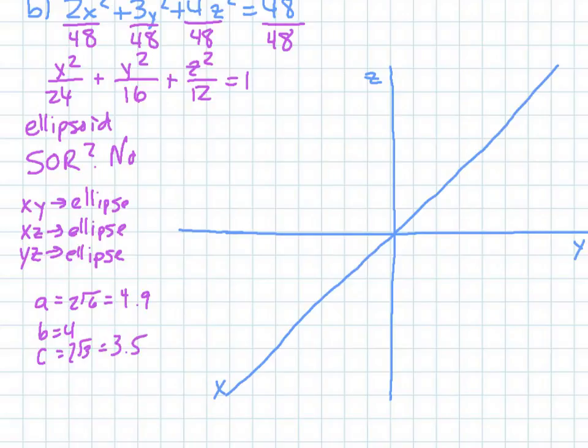So for my A, that's on the x-axis, so I go out 4.9. Okay, and then for my B, go on the Y, so 4. And then C would be 3.5.